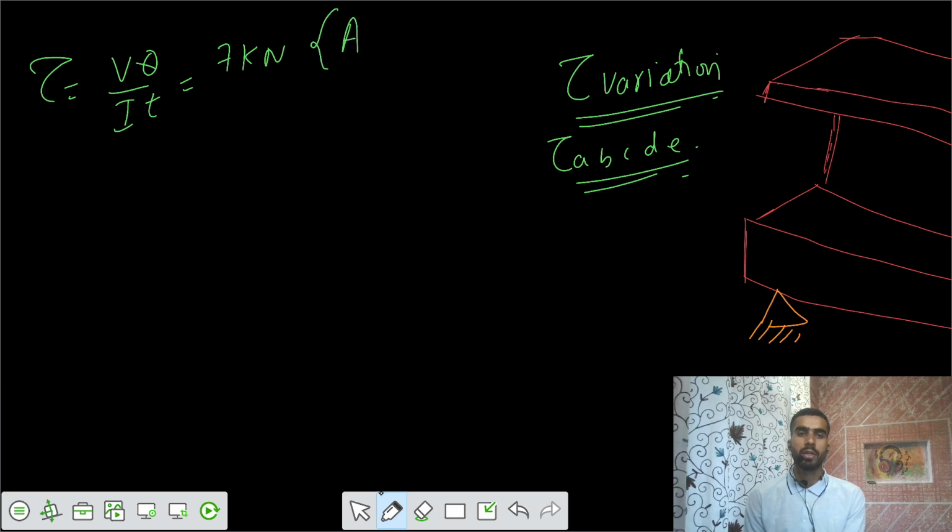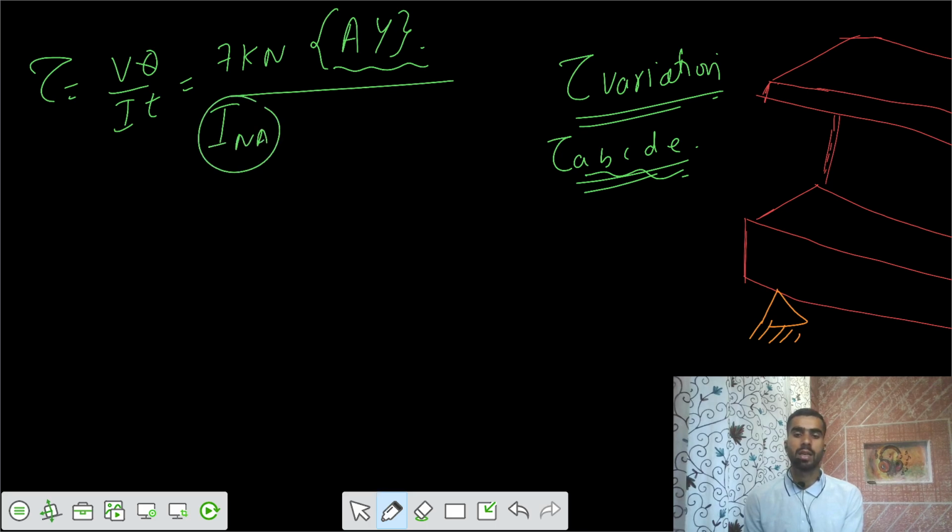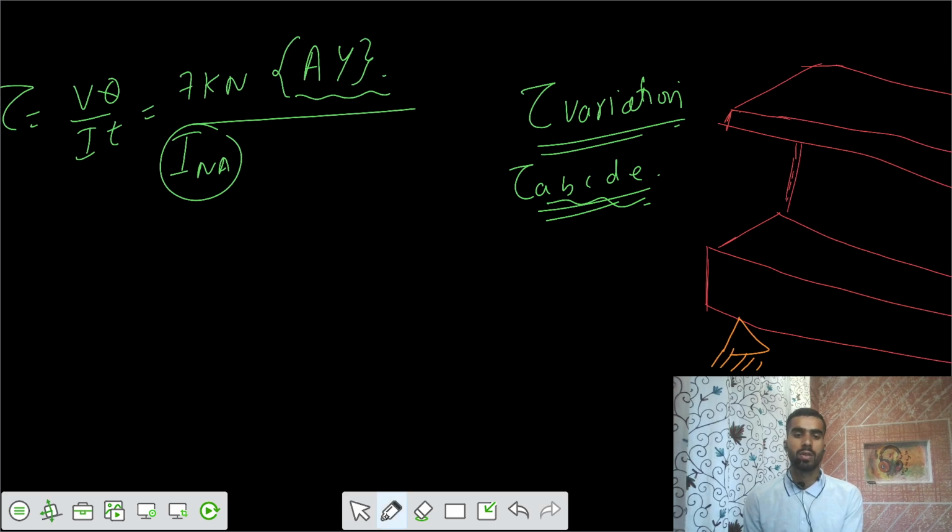Now at particular points A, B, C, D, E, your value of AY also changes, and I about the neutral axis is a fixed value. You need to solve I neutral axis, and before that, you need to solve the location of the neutral axis. We know that by symmetry, your neutral axis is at mid. You can verify that also if you substitute the values of all those areas and their first moment about the neutral axis.